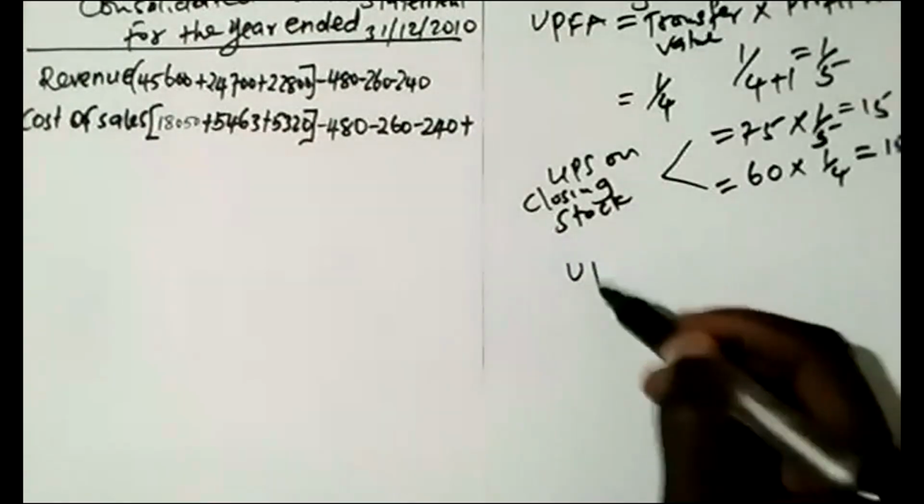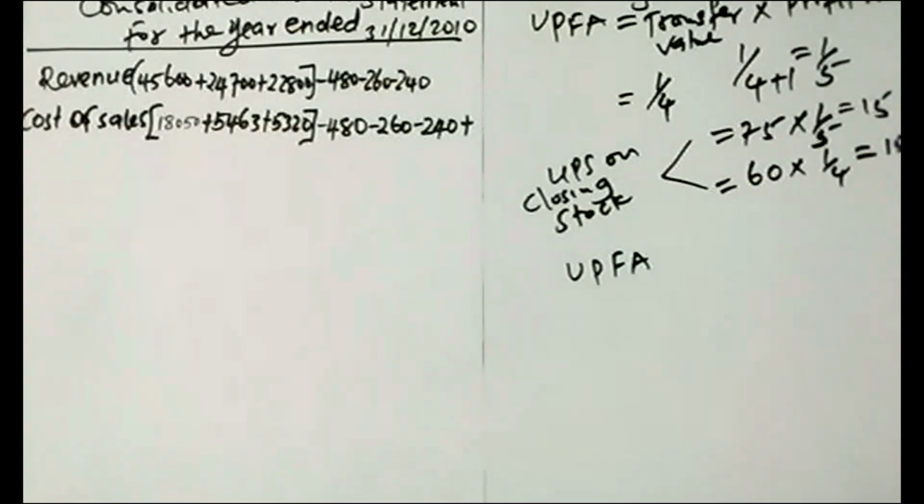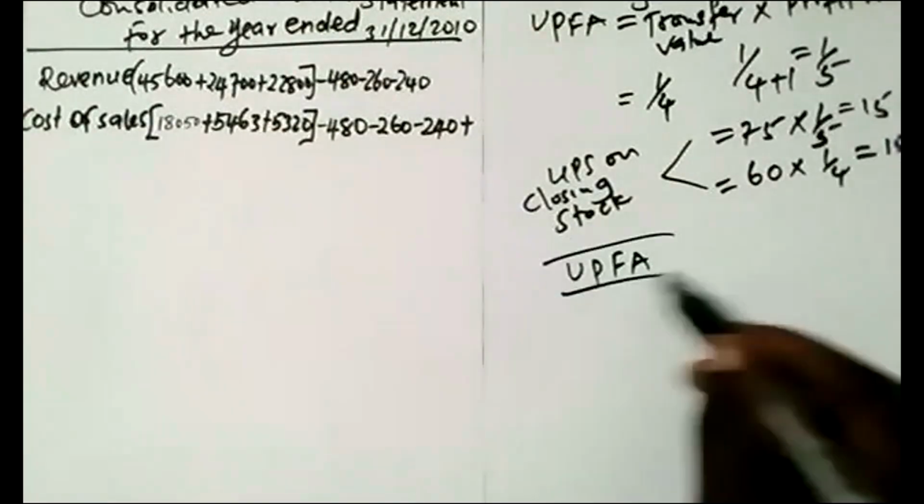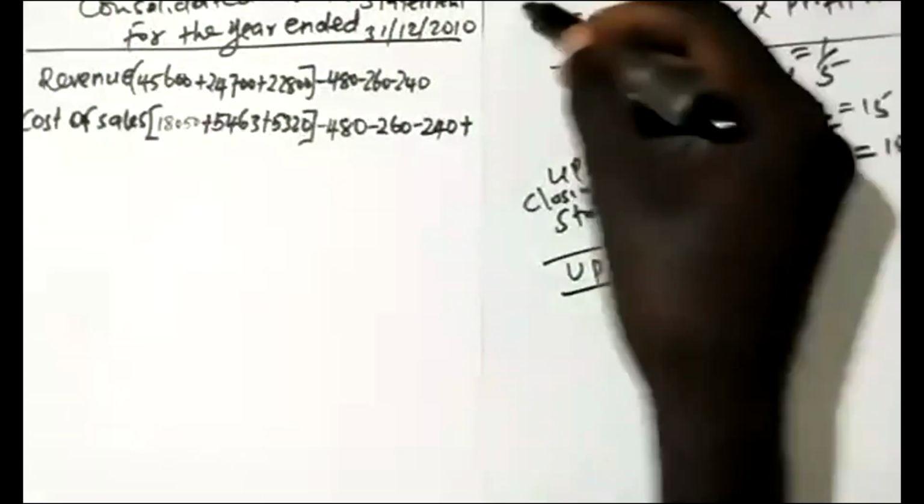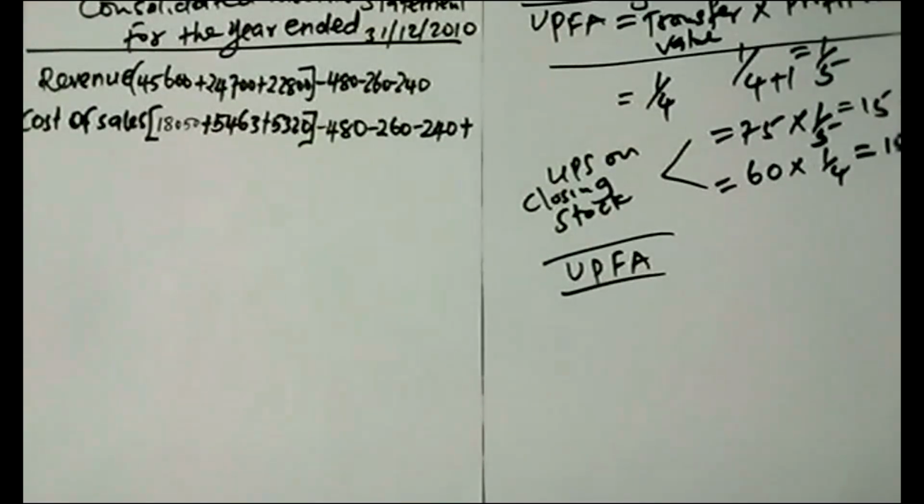This is the relevant working I would do for the unrealized profit on fixed asset. Already we have the formula here. The value with which the asset was transferred, that is the transfer value, then the profit margin. Because as I said, when there's an intergroup sale of fixed asset, the other entity which received that fixed asset will never resell it. So since you will never resell, you will never realize the profit.